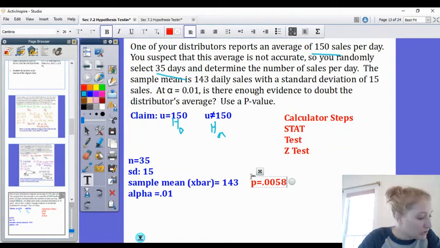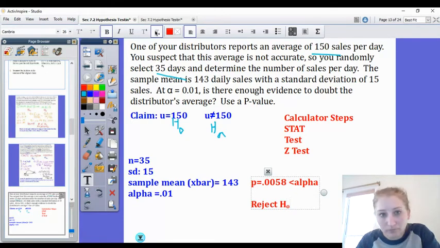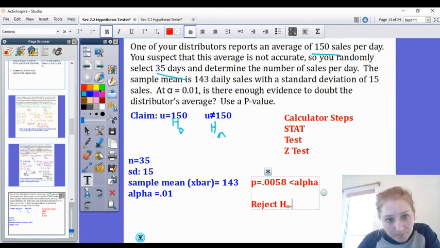All right, so then the question is, is this greater than or less than alpha? And this is less than alpha. So when it's less than alpha, we are going to reject H naught. Since we are rejecting it, let's write our sentence out.